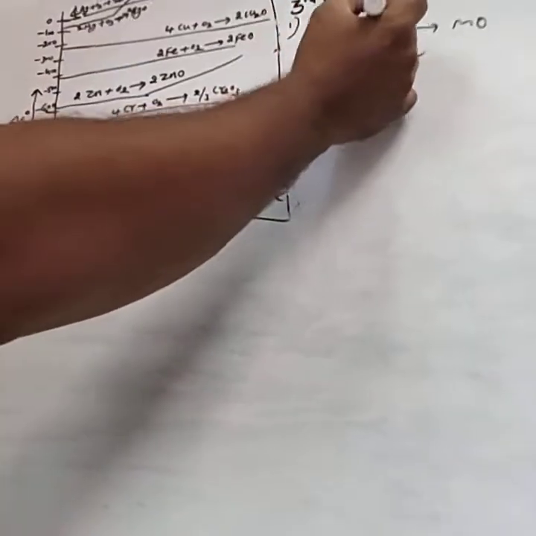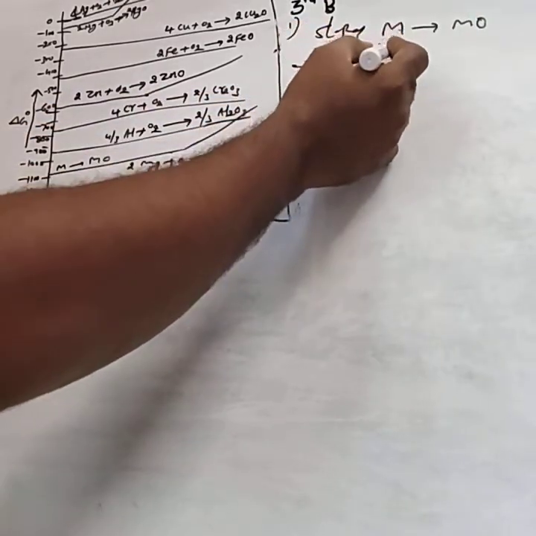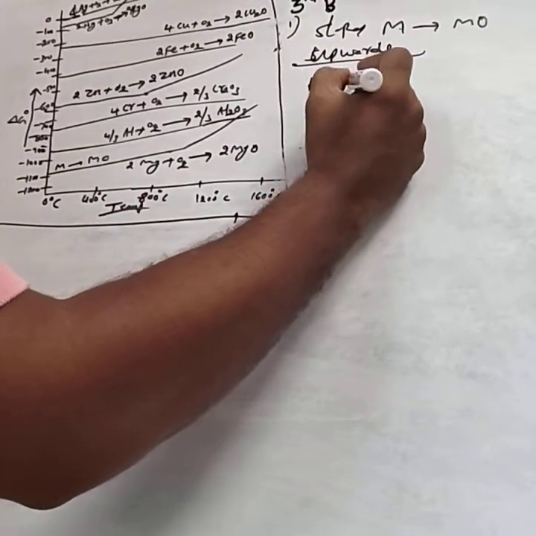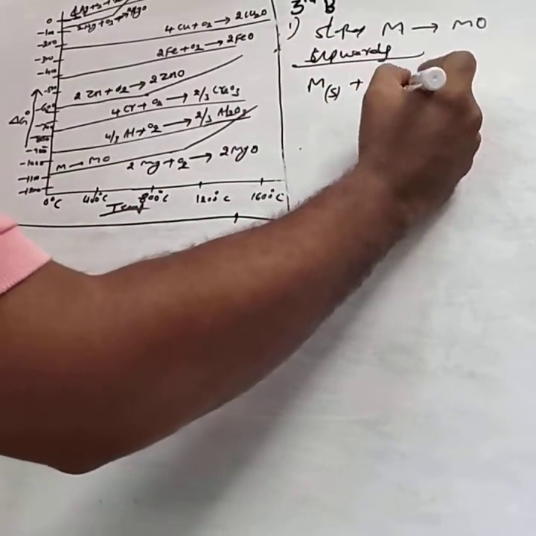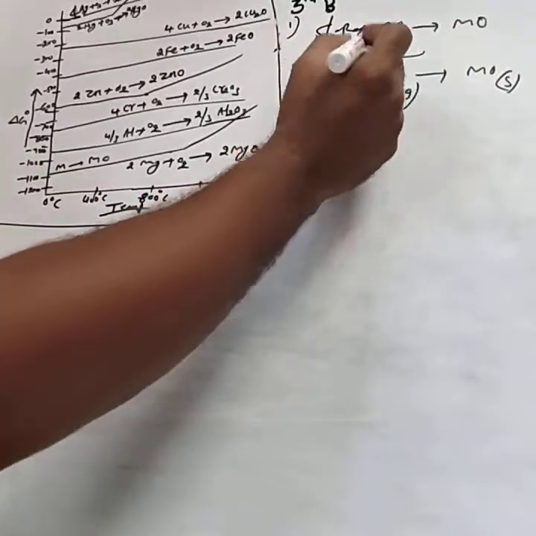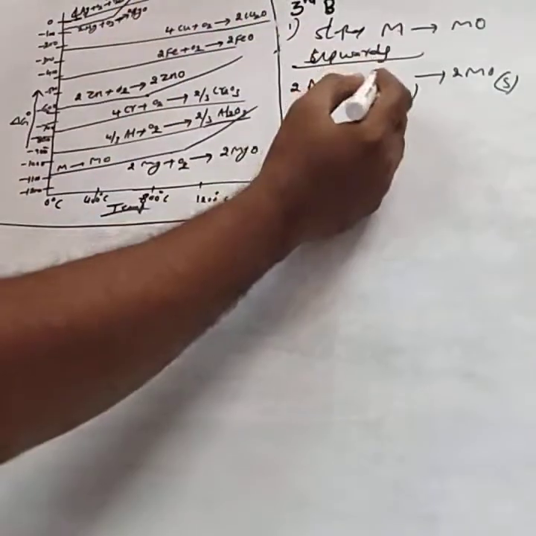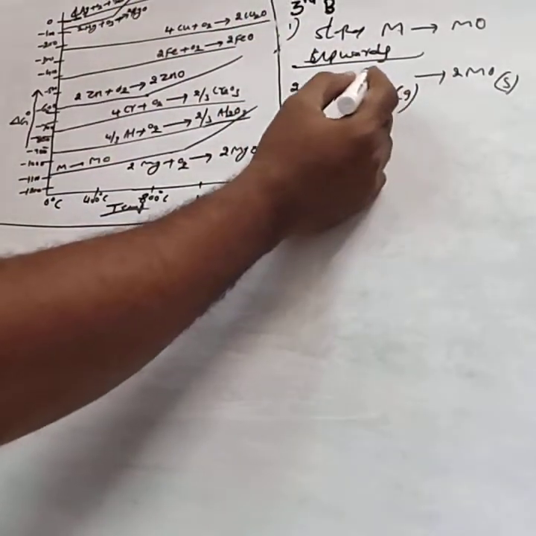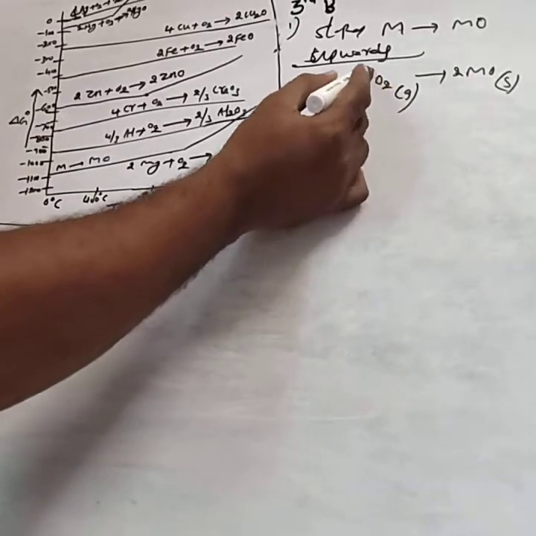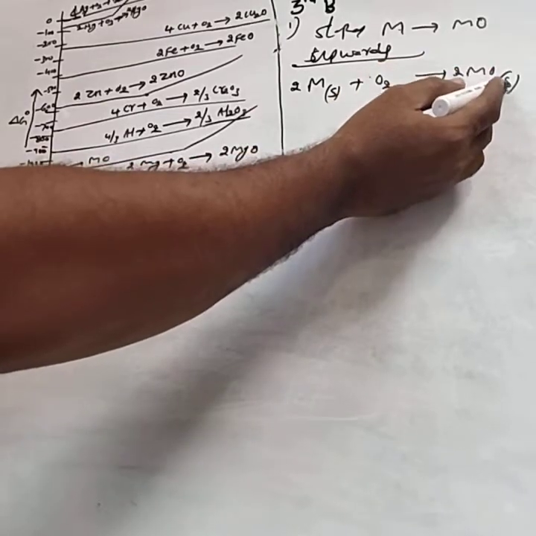Why does the graph of metal to metal oxide slope upwards? Consider this reaction: metal solid plus O2 gas forms MO solid. Balance this equation: 2M plus O2 gives 2MO. On the reactant side, only one gaseous component is present, 1 mole of gaseous oxygen, but on the product side there are no gaseous components.